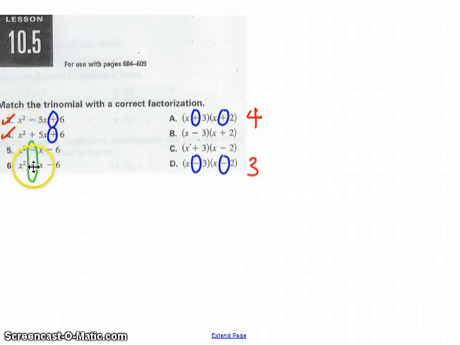I've got a positive here for number 6, so it has to be larger on the positive side than the negative side, and notice that plus 3x is bigger than minus 2x. So this one, C, is going to go with 6. And that leaves B to go with 5. That makes sense because negative 3x is larger than positive 2x, so I'm going to end up with a negative 1x here in the middle. And that's how I match them up.